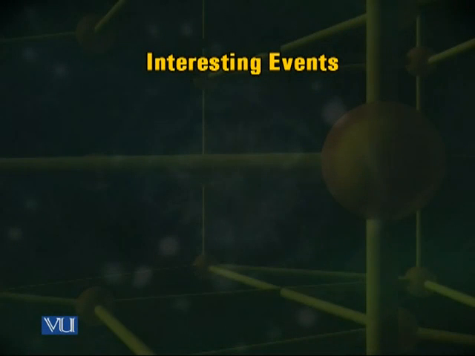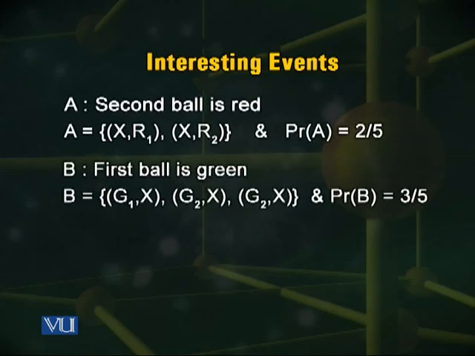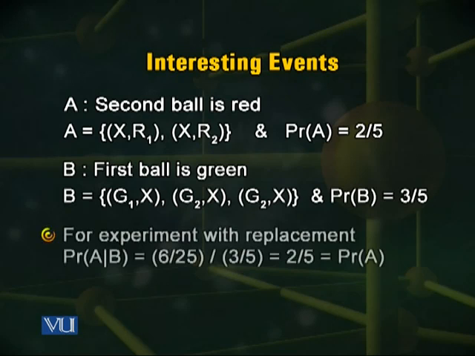For the same case of two sacks with 3 green and 2 red balls, let's define event A to be that the second ball was red, and event B to be that the first ball was green. If the experiment were performed using the with replacement technique, or as a joint experiment, then you know that the probability of the second ball being red is equal to 2 over 5.